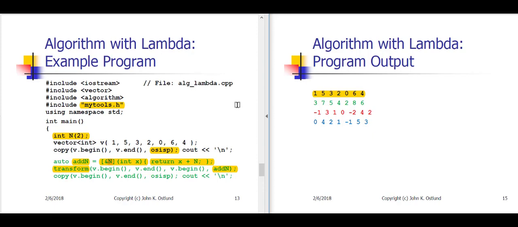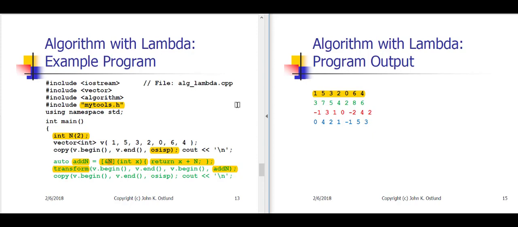We're reading from v, from begin up to but not including end, and we're also writing out back into v. So the upshot here is that each value within the vector of int v is going to have 2 added to it. Okay, the argument to the addN lambda is the value that we're reading from v. When we call the lambda with that argument, what we get back is that value plus whatever n's current value is, which is 2.